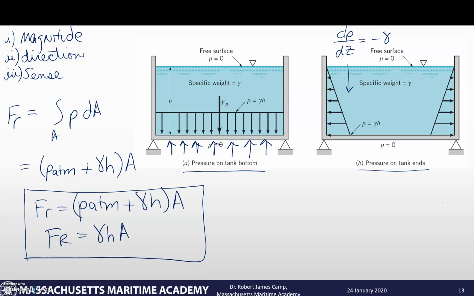So with this method, we still have to take our resultant force, and we have to integrate it over the area, and what we're integrating is the pressure. As you do an integral like this, you're basically working out the average pressure across the area and multiplying it by the area.